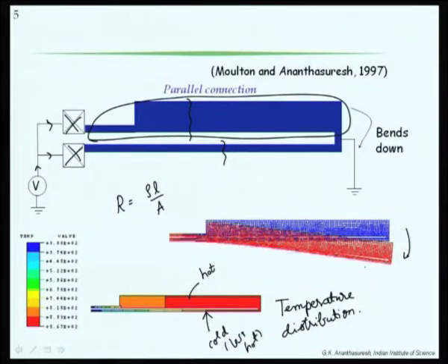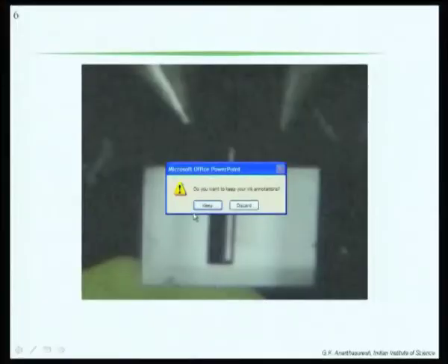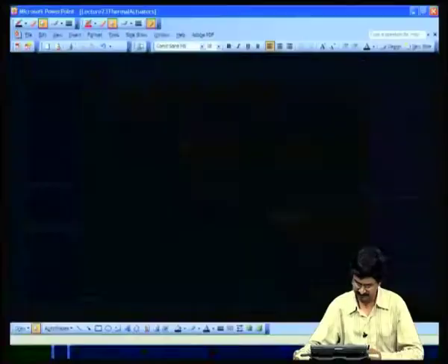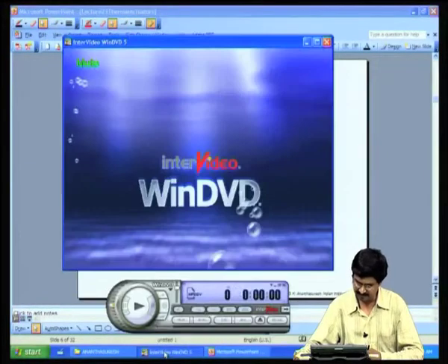If you have it, and if you can have some electrode pads, we can apply potential differences and get the actuation that you want. Let us look at a movie that shows one of these actuators actually working. So, let us just end this and see that movie.